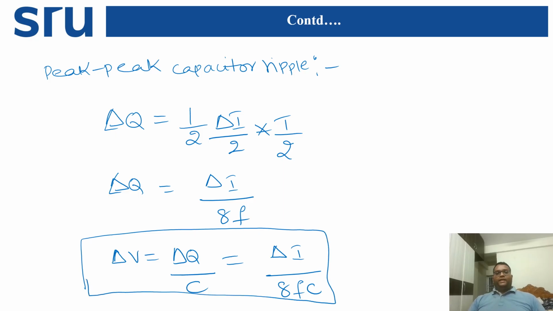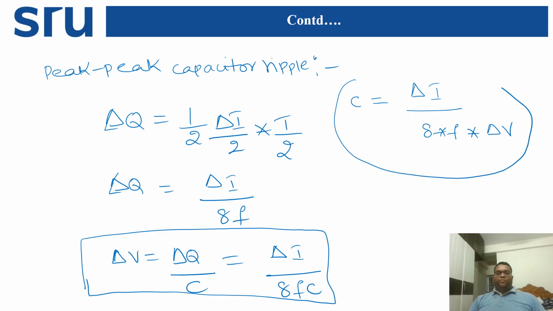From this, the capacitor formula is C equal to delta I divided by 8 times F into delta V. This is the overall formula for the capacitor design of the buck converter circuit.